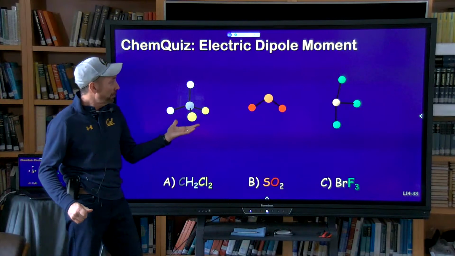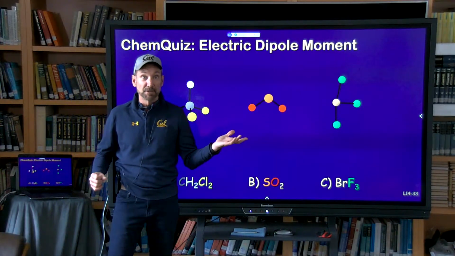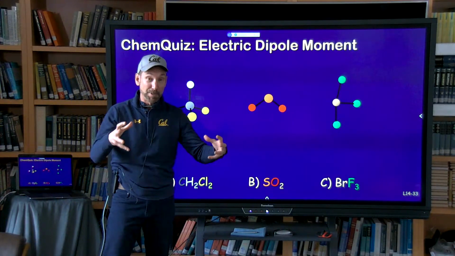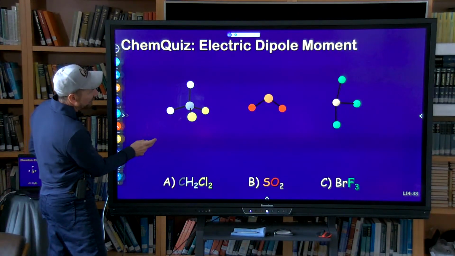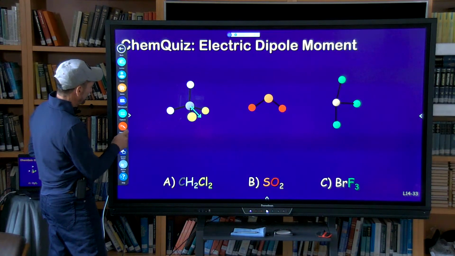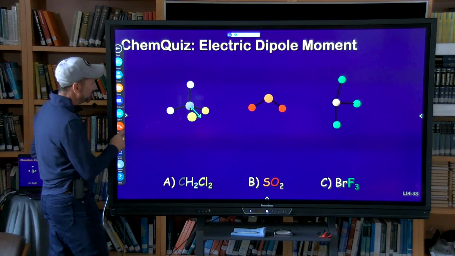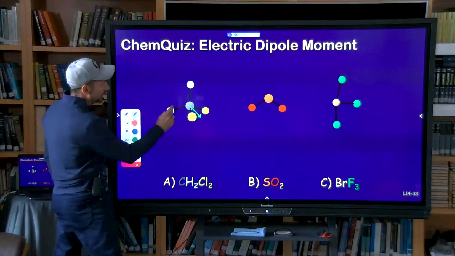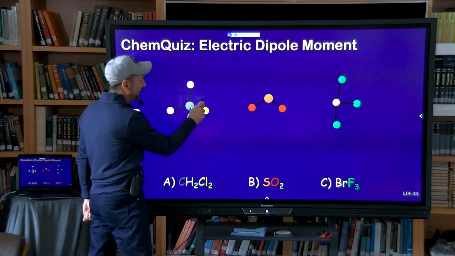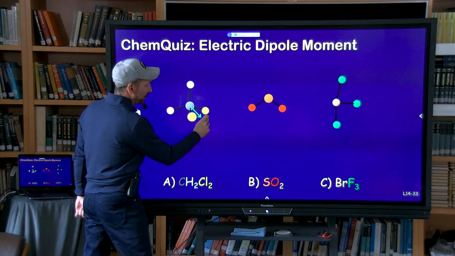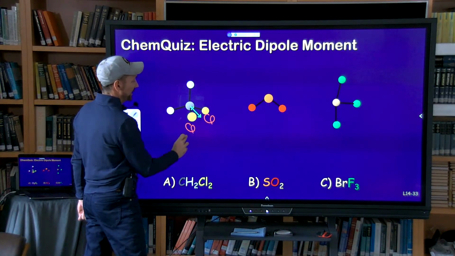The electric dipole moment, if you recall, is that all bonds have a little bit of an electric dipole moment. So that is a little vector. These are chlorines here, Cl, Cl.